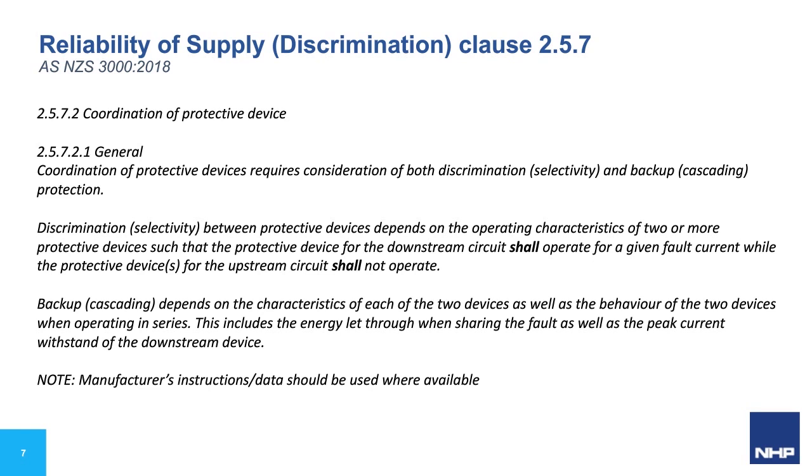Backup or cascade operation depends on the characteristics of the two devices as well as the comparative behavior of the two devices when sharing the same level of fault current. This includes their behaviors from energy let-through and the peak current withstand of the downstream device, as well as the let-through characteristics of the upstream device at this level of fault.